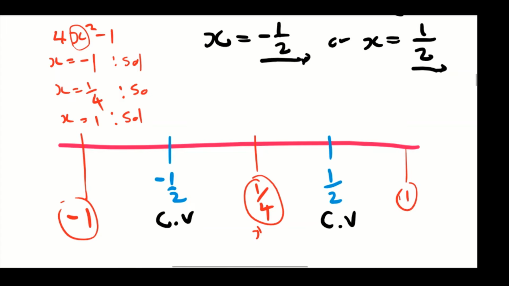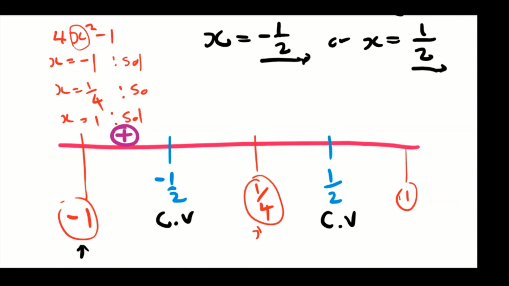What I found was when I substituted x equals minus 1, I got a positive solution of y. So whatever x value is less than minus 1 over 2 is going to give you a positive solution of y.